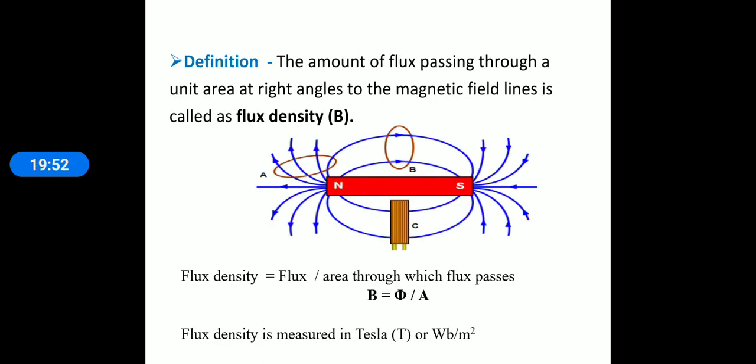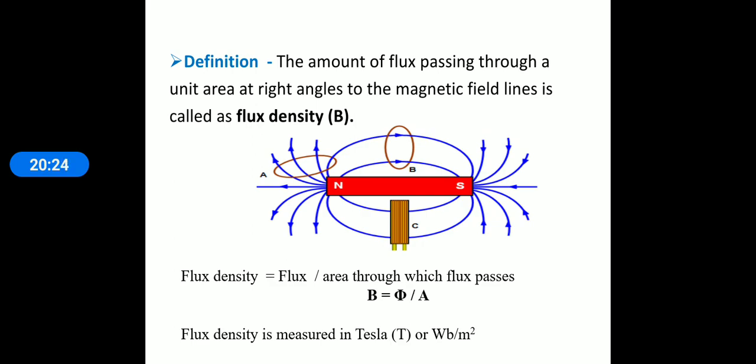Then in this figure, point A and point B. At point A there is a large number of lines of force, and at point B there is a small number of magnetic lines.